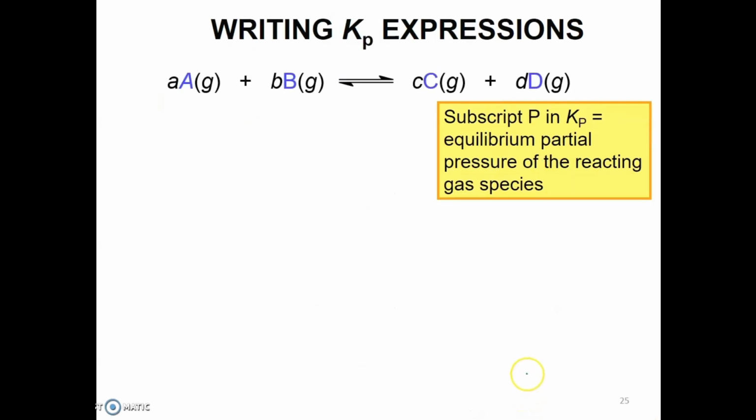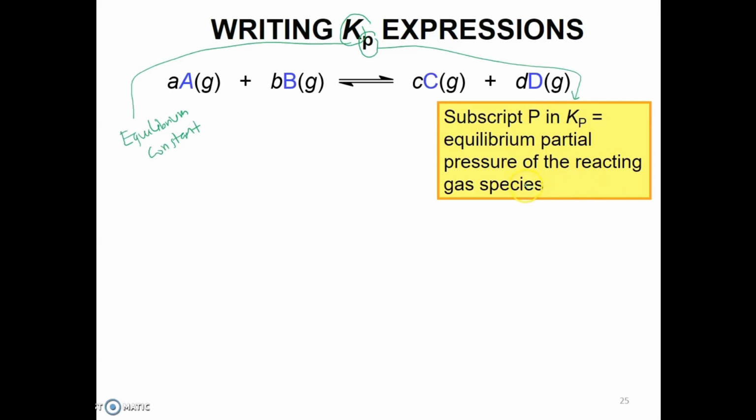Next, writing Kp expression. So here the K represent the equilibrium constant. And the letter P, the subscript P in the Kp expression, it represent equilibrium partial pressure of the reacting gas species.